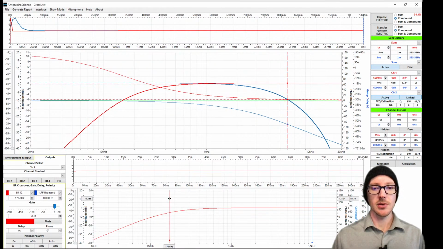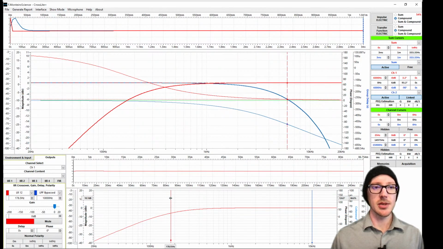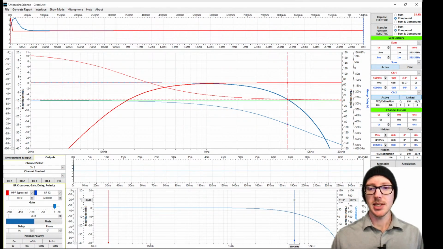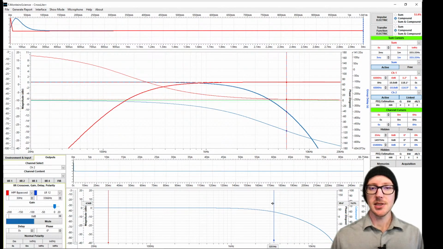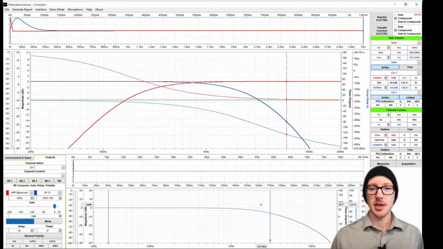So I'll move it closer and closer. We're going to head for 1K, by the way, and I can see the phase changing here. And over on my second channel, as I bring down the low-pass filter, I can see these two things getting close to each other. Let's go ahead and head over to 1 kilohertz.